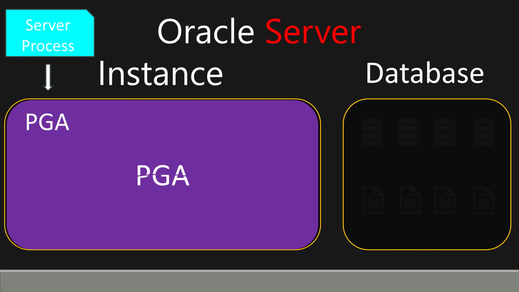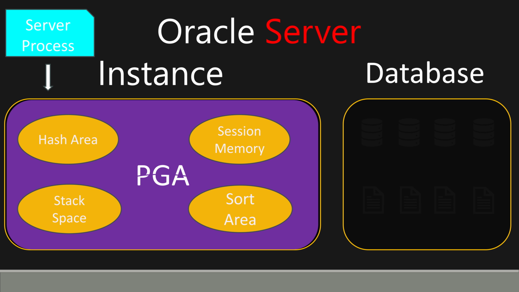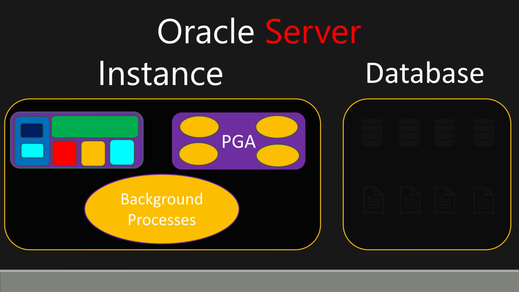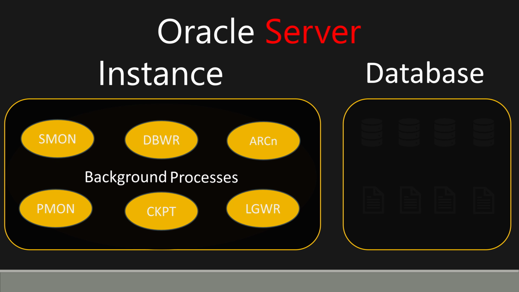Unlike SGA, PGA is mainly used for sorting, hash operations, stack space, and session specific operations. Oracle uses multiple background processes to maintain consistency, recovery, memory management, and write operations.